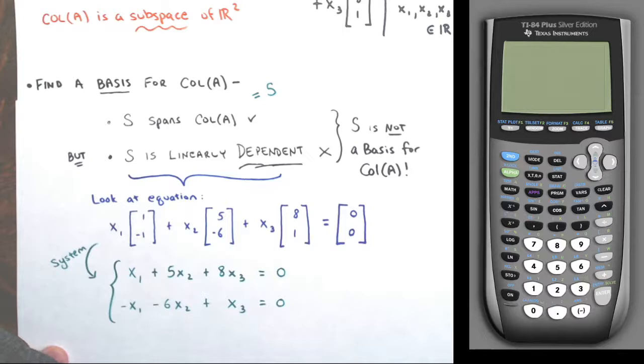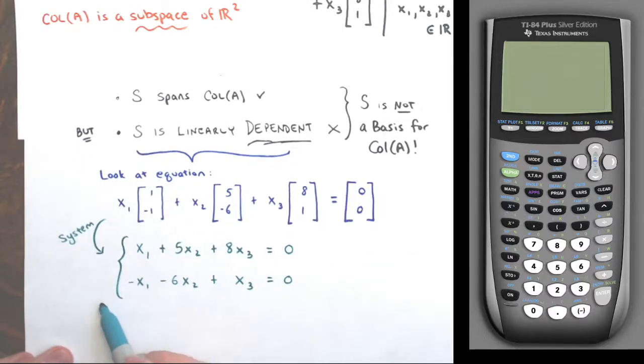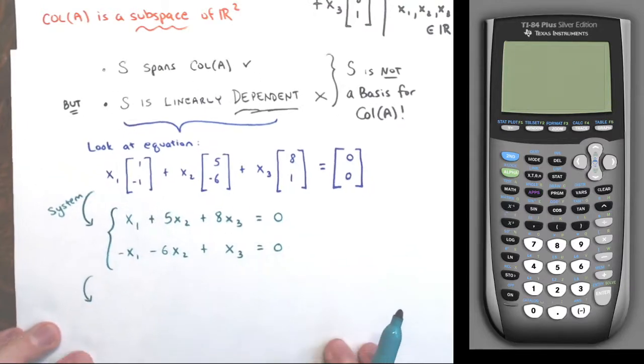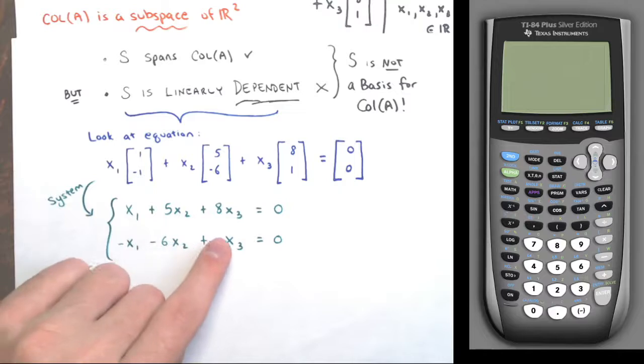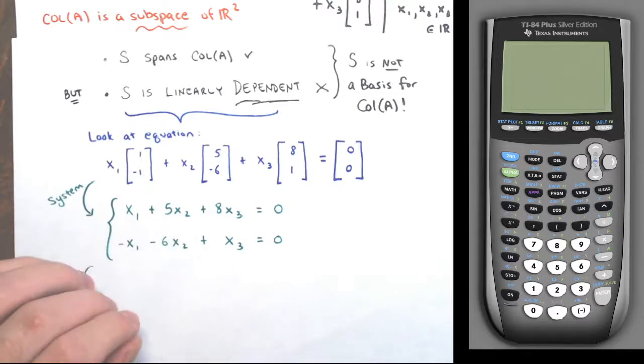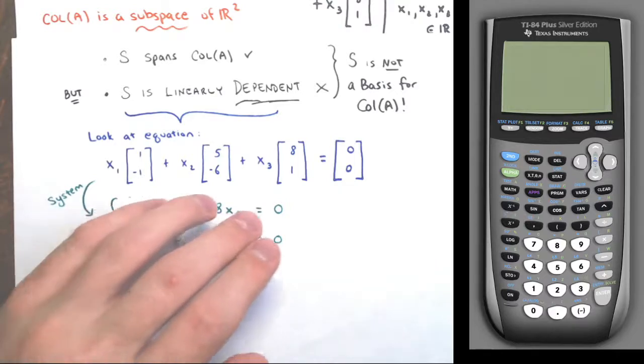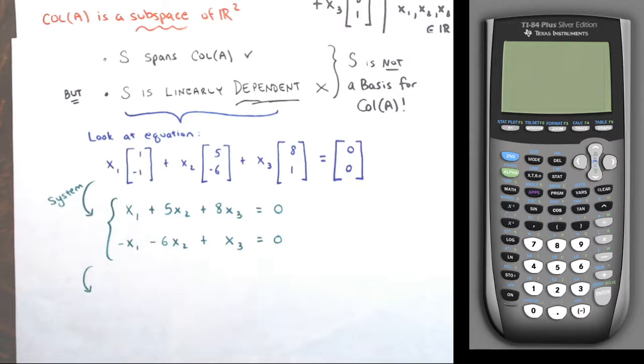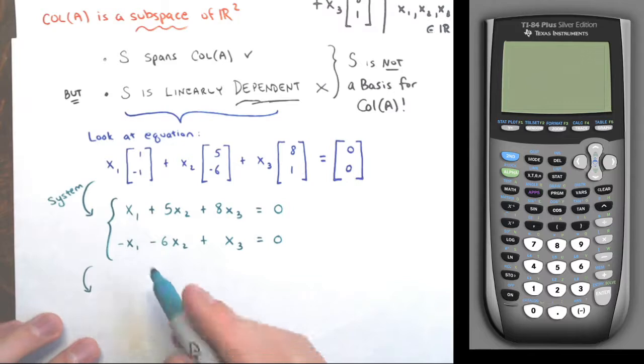Now I'll go to the augmented matrix for that system. You can write this as a matrix equation, where the coefficient matrix times the variable matrix equals the 0 matrix, but I'll write just the augmented matrix for this system.